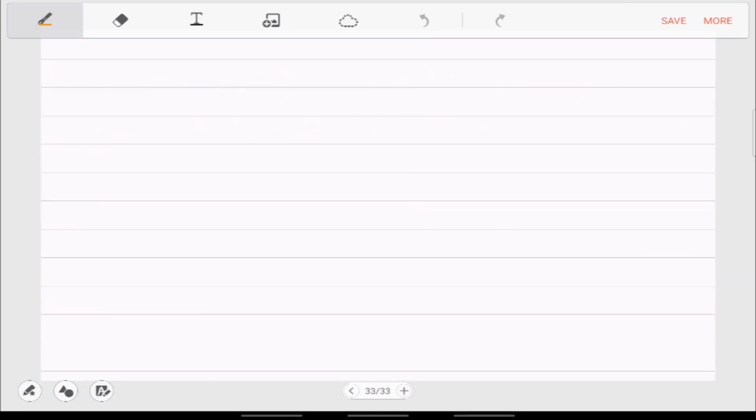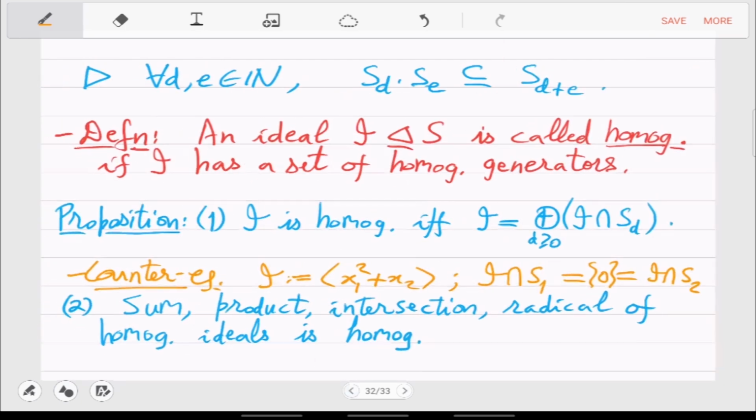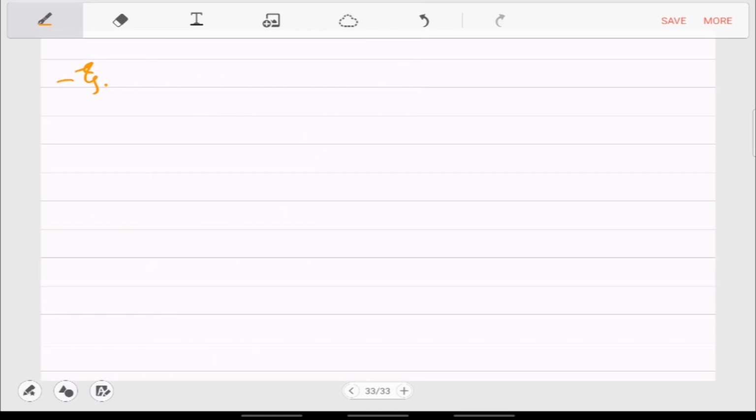As for property 2, I will not prove this proposition, this is a simple exercise. It follows pretty easily from the property above, SD times SE is in S of D plus E. From the grading it follows. But still you can see this example. If you take x0, x1 square and x0, x1, these are two clearly homogeneous ideals.